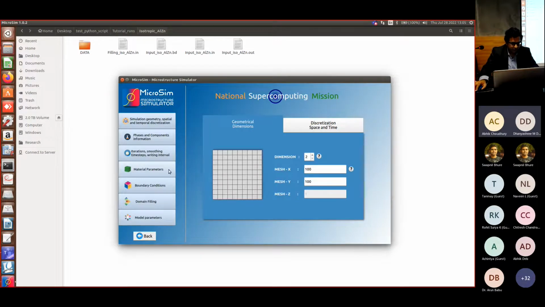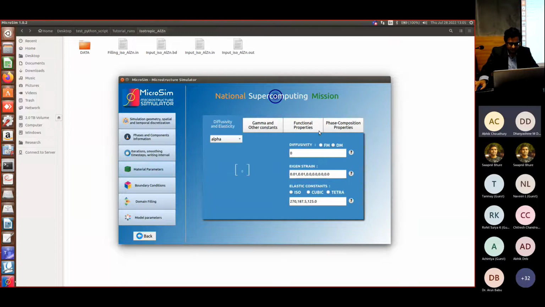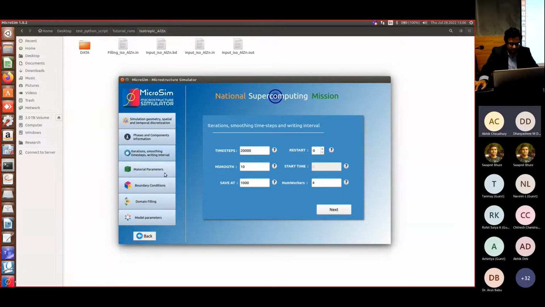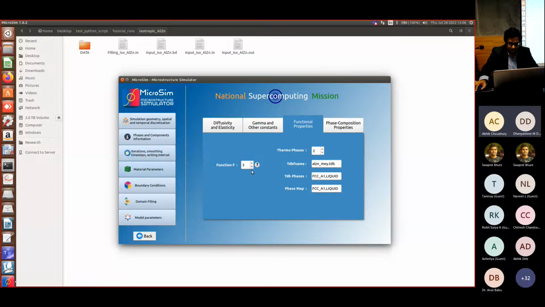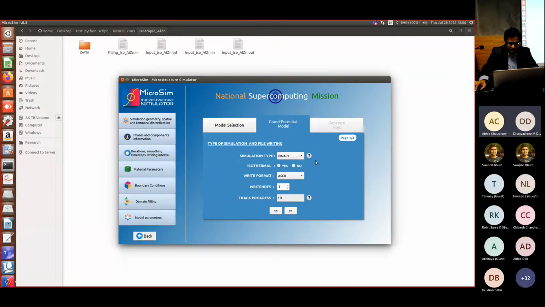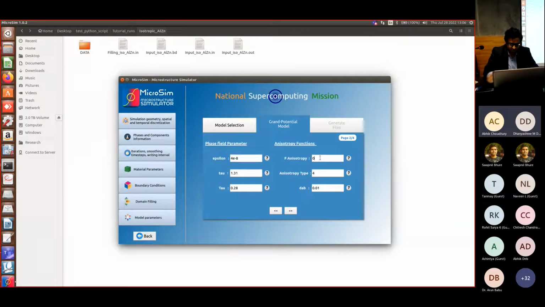And all we are going to do is to change the parameters. Where is this? Material parameters, or rather model specific parameters. So we'll go to the model specific parameters and change the anisotropy to 1.